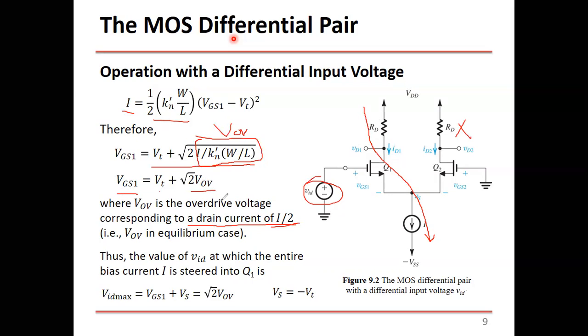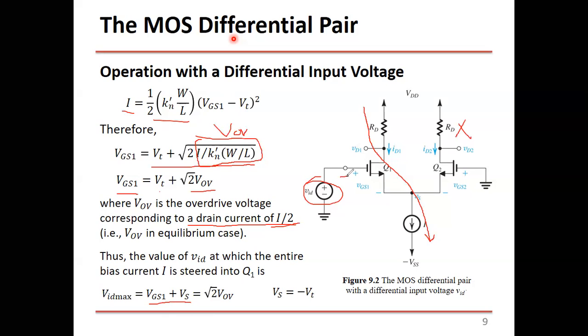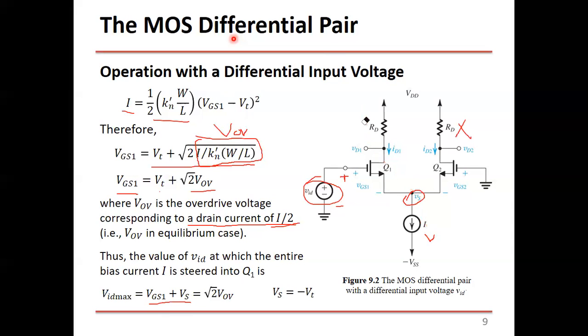Then VID max. We said that VID, which is the differential input here, should be VGS1 plus VS, right? This voltage here from this point to this point is VS, which is this one here. Let me just delete this line here.